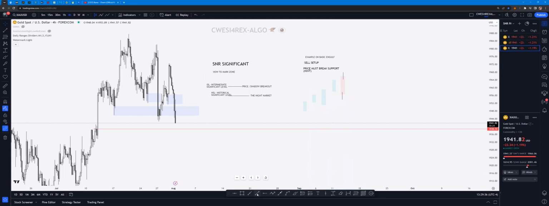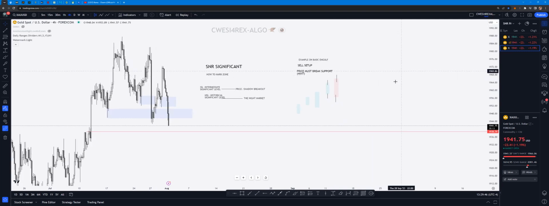When you are doing it, you can make it look better on your side. We call this the wick over here.